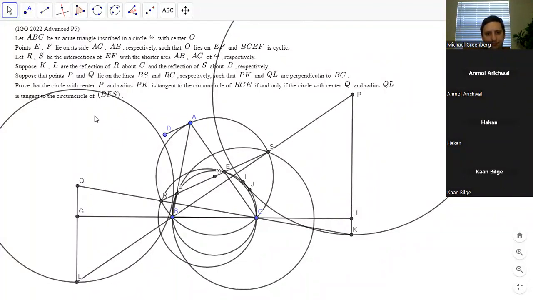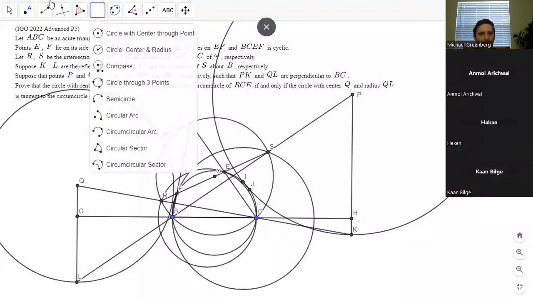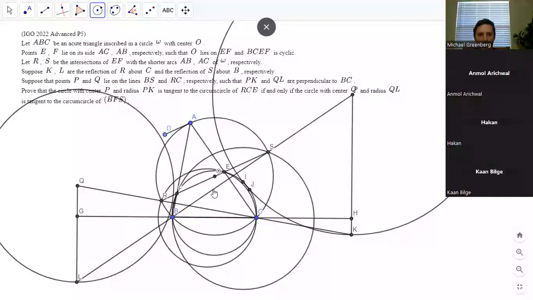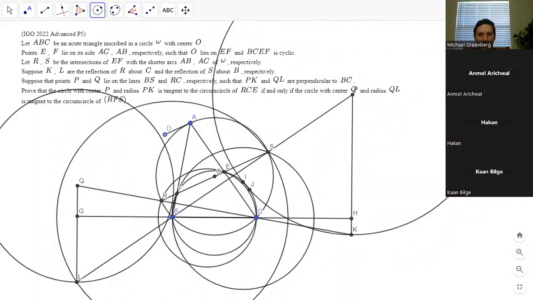Okay. K and L are the reflection of R over C and S over B. Let's check that. I think that should be true. So that's true. And that's true.